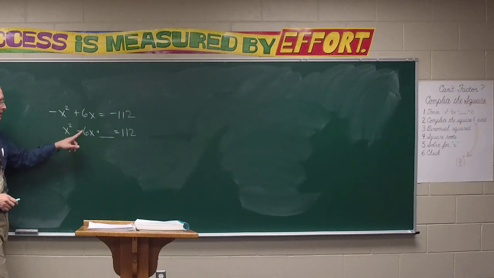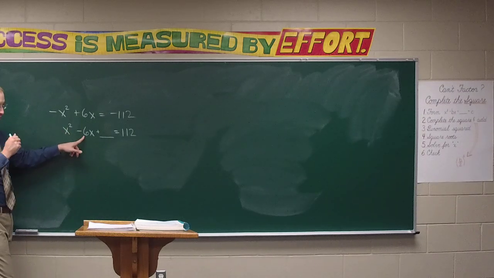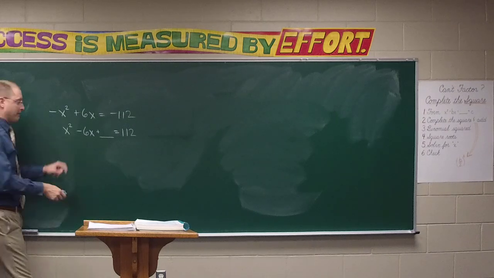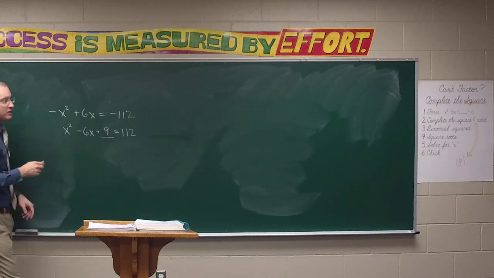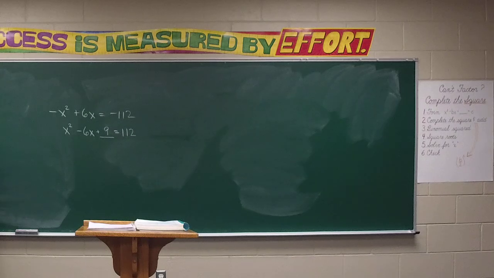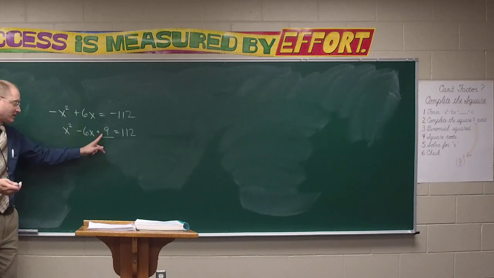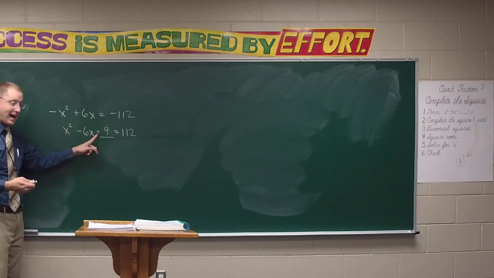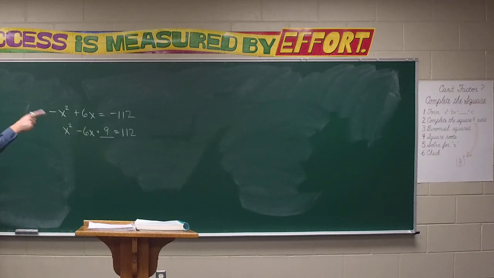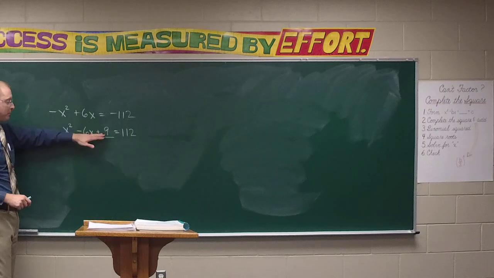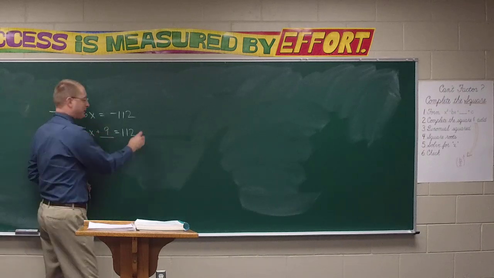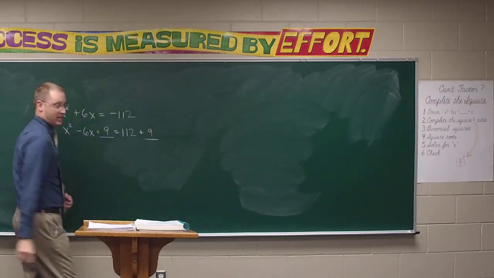Half and square. Well, what do we get if we half 6? 3, and square, 9. You say, oh, Mr. Dasky, half isn't 3, it's negative 3. Yeah, you're right, but we're going to square it. It doesn't matter because it's going to become positive anyway. So you don't even have to worry about the sign right here, because when you square, it's going to become a positive, which for a perfect square, positive even is necessary. But notice it says add to both sides. You can't just arbitrarily put a plus 9 here. You've got to put a plus 9 on the other side.